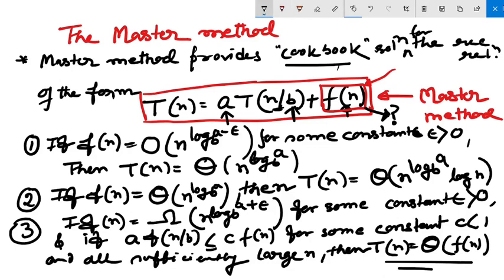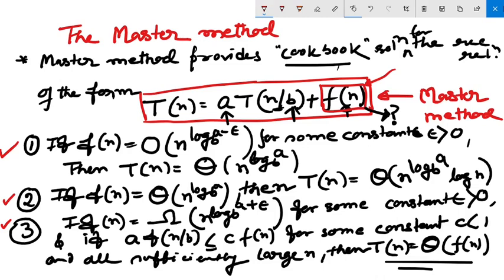So these are the 3 major points which we have to follow. This is the first point, this is the second point, this is the third point. Look at these 3 points carefully, and we are going to implement them in our next problem. I'll take a problem and solve it.